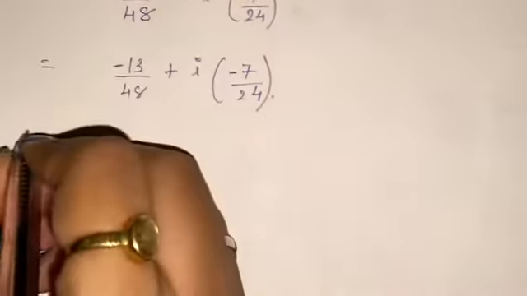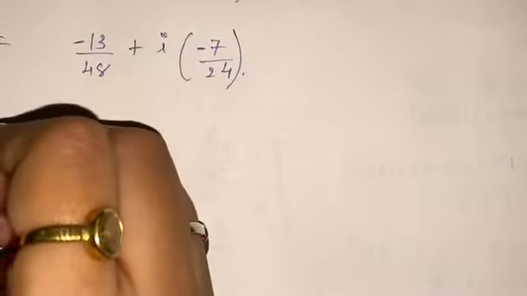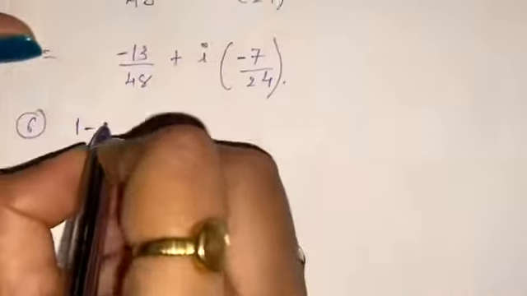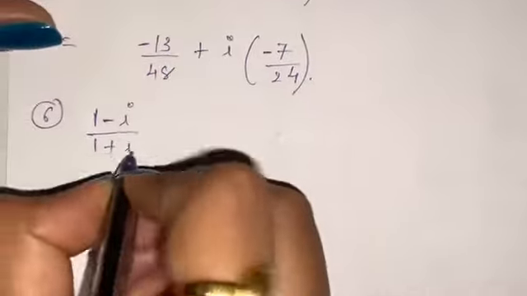Okay, number 6, that is (1 minus i) by (1 plus i).